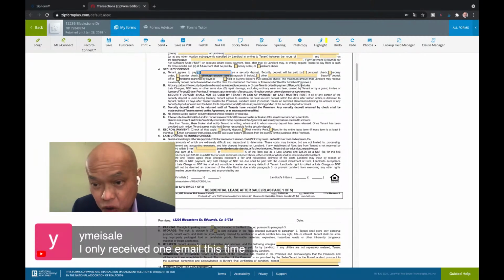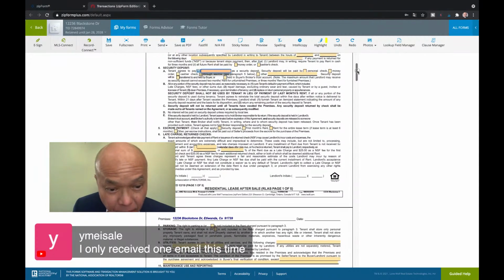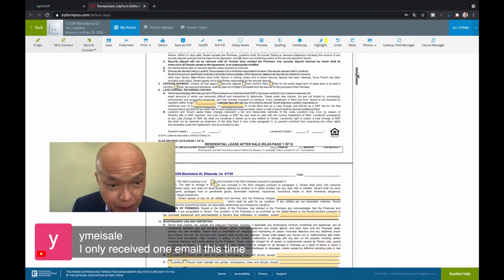And let's skip to number 5, escrow payment. Check all that apply. Usually, if I were to negotiate the rent back, rent for the entire lease, it will be the third box that is checked.